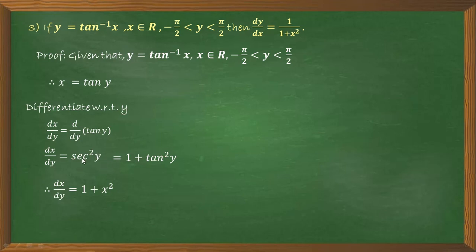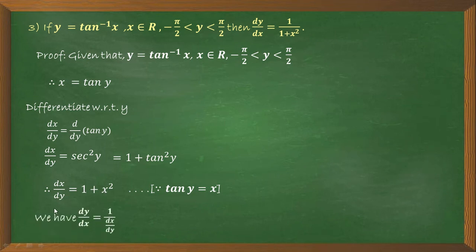It is just the conversion of sec square y, directly converted into 1 plus tan square y, and directly we get 1 plus x square. So dx by dy is equal to 1 plus x square, since tan y is x, that's why it is x square.